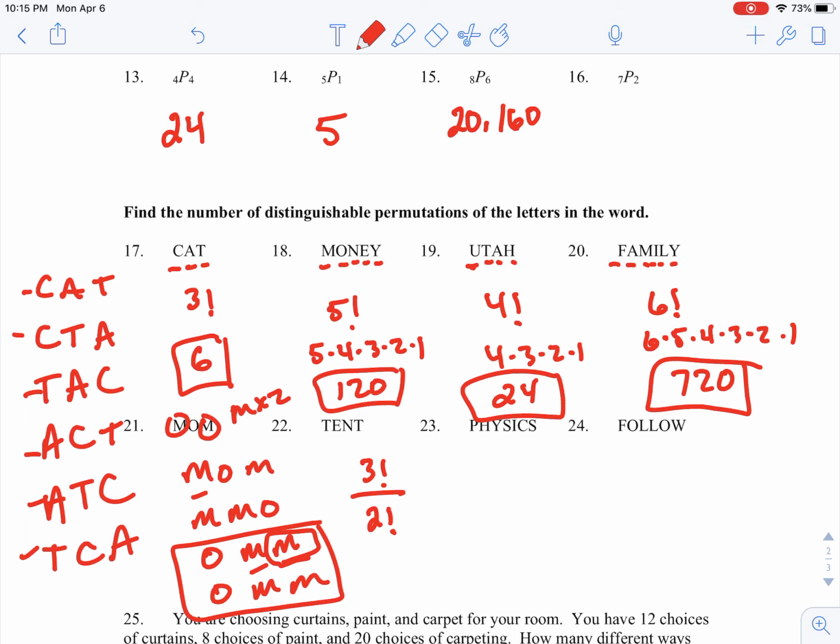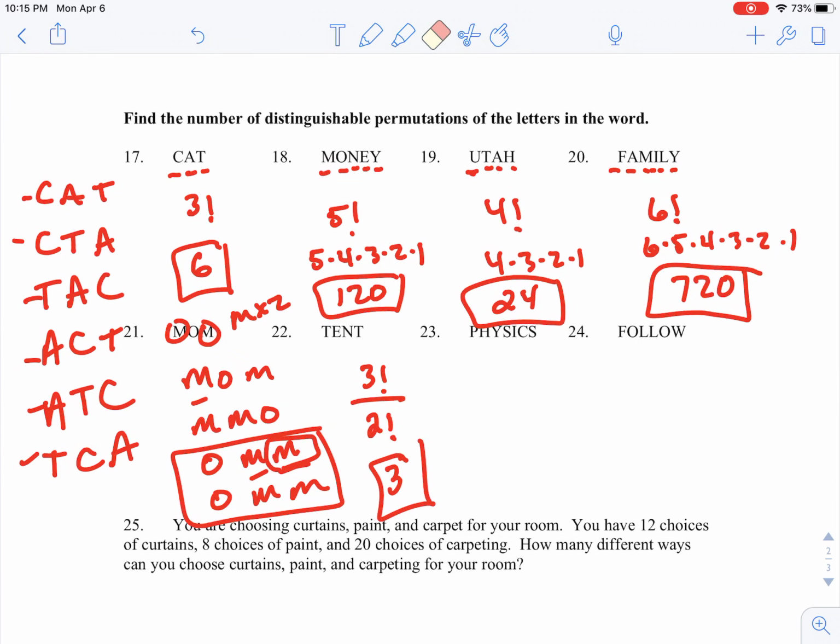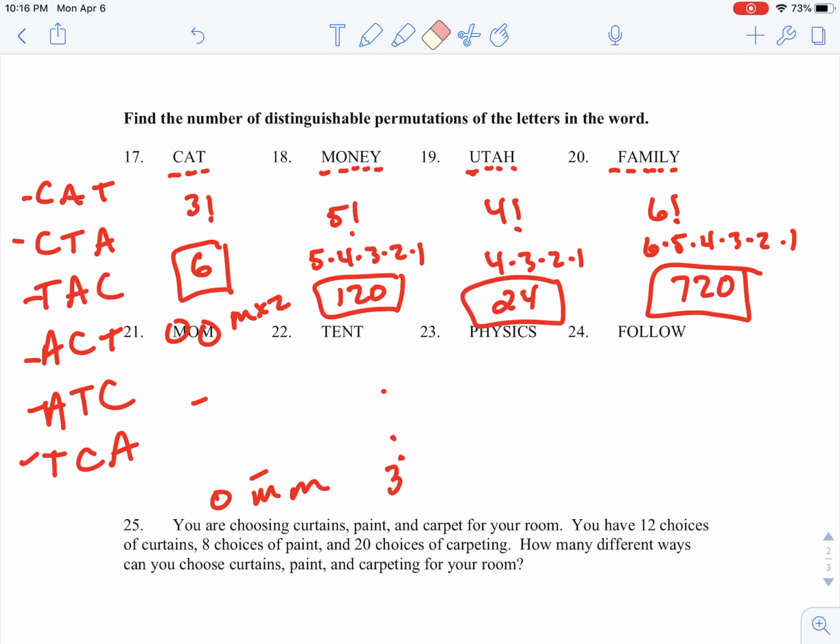In your calculator you've got to be careful. So I'm going to do 3 factorial divided by 2 factorial, and the answer is 3. I'm going to erase all this good stuff. So this answer is 3 factorial divided by 2 factorial.